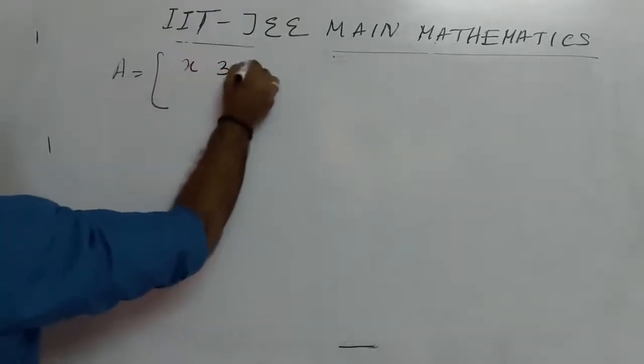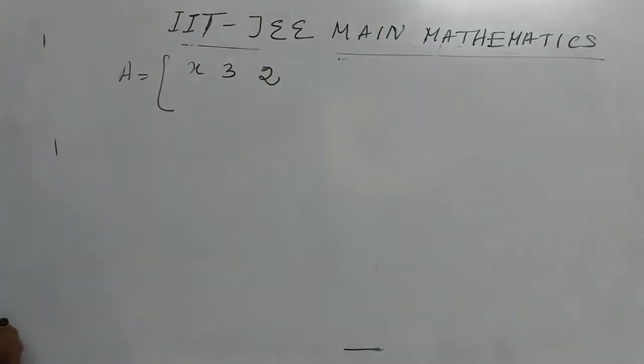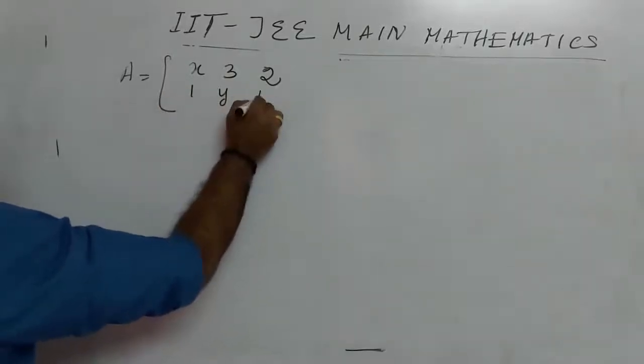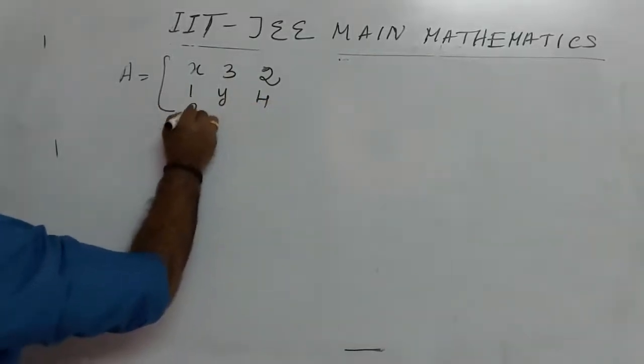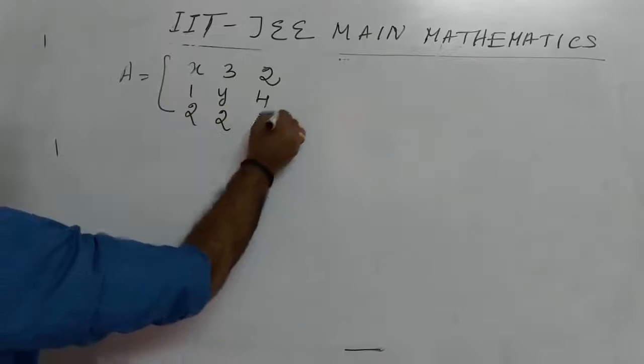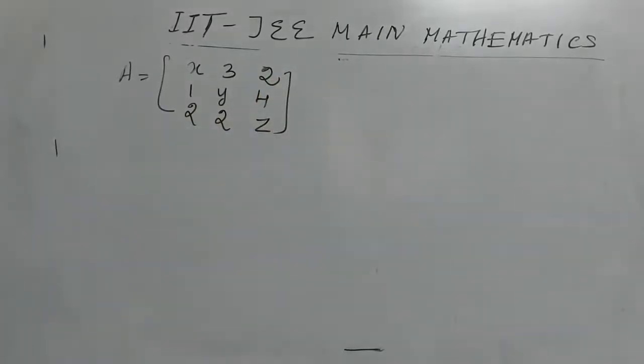That is the given matrix A, [x 3 2; 1 y 4; 2 2 z].